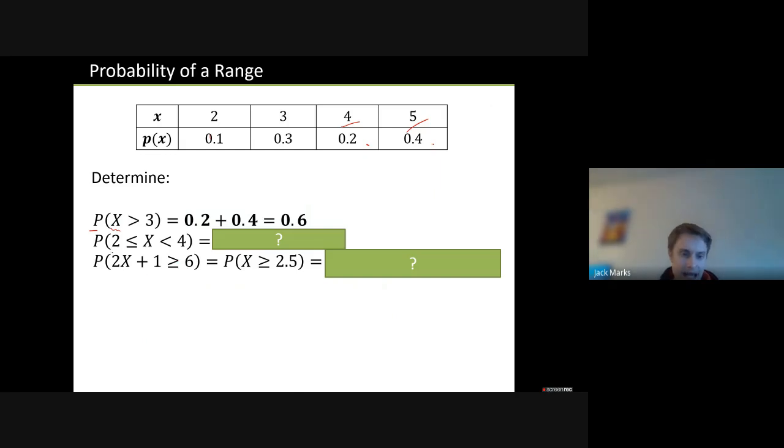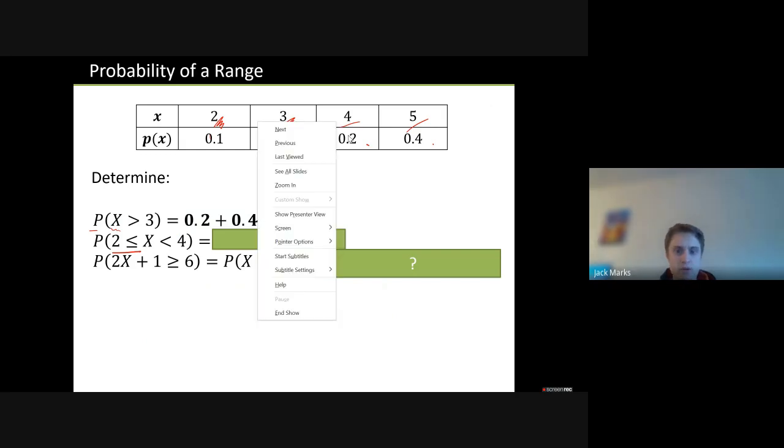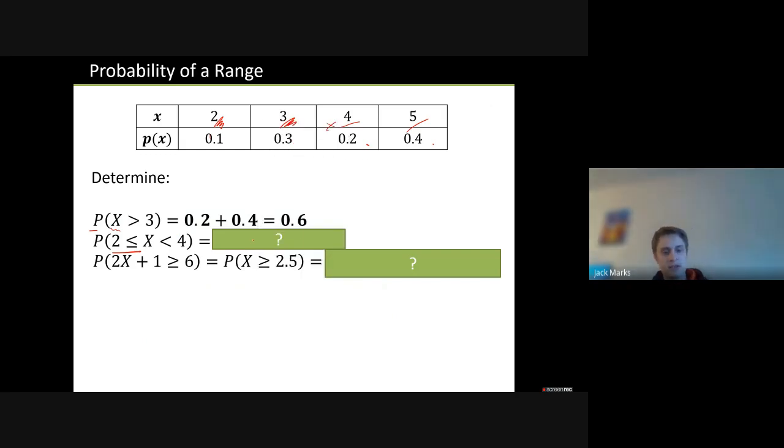What about at least 2, but less than 4? At least 2 means it includes 2, includes the 3, but less than 4, it doesn't include the 4. Okay, so we could do something like this.